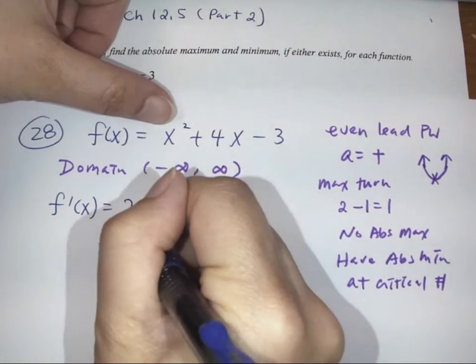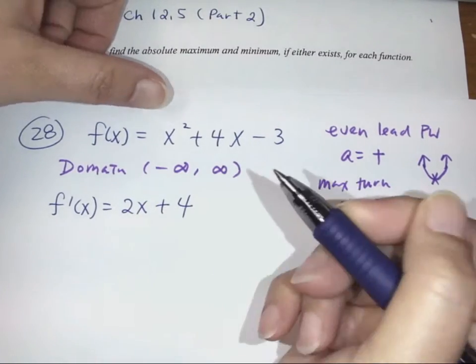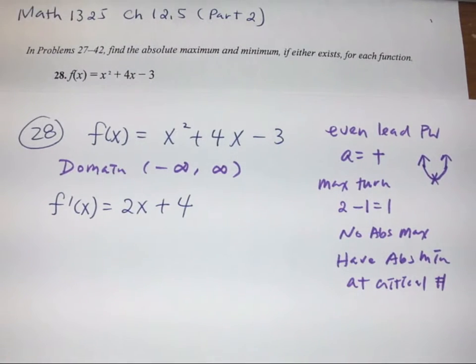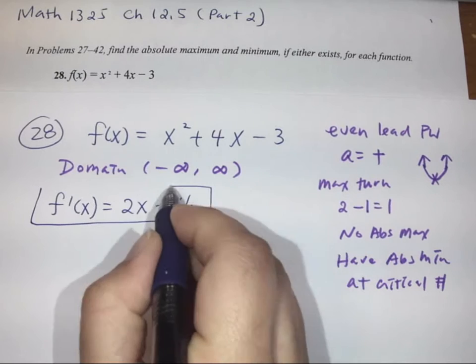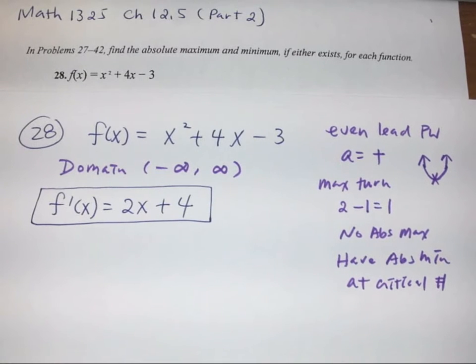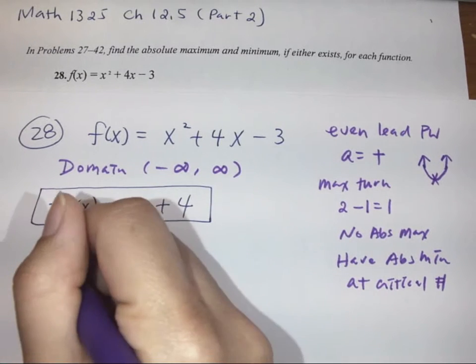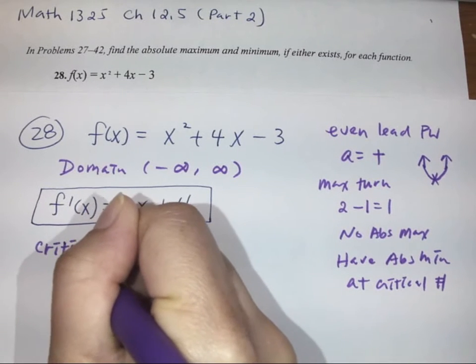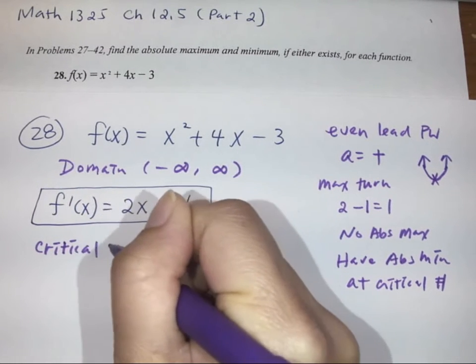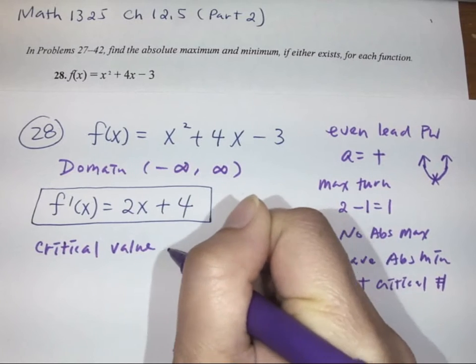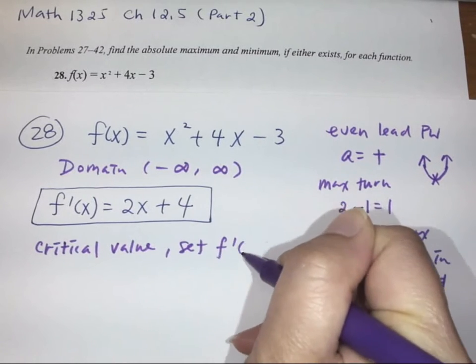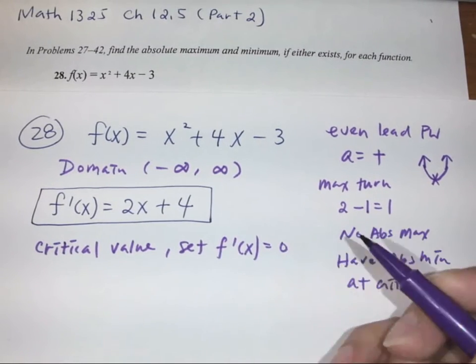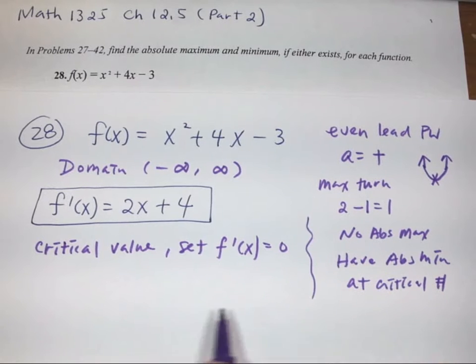This would be 2x plus 4. That's my first derivative. If I set that equal to 0, then I can find my critical value or critical number. Set the first derivative equal to 0 and solve for x.